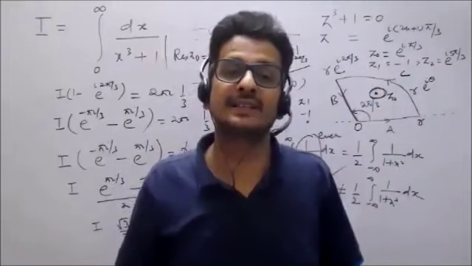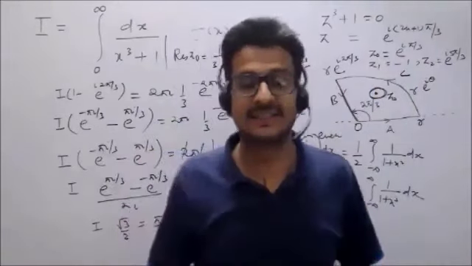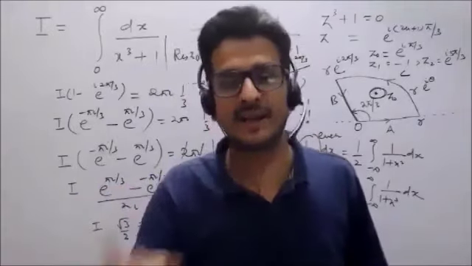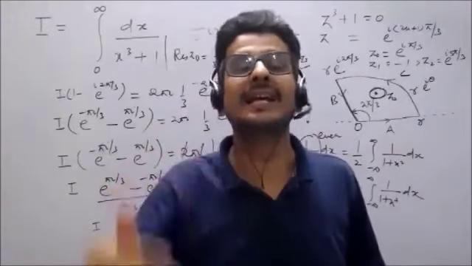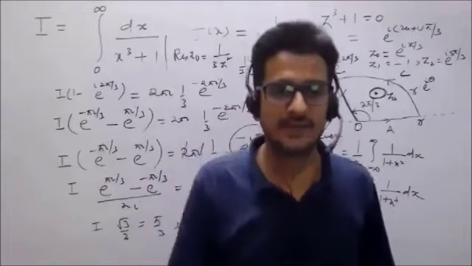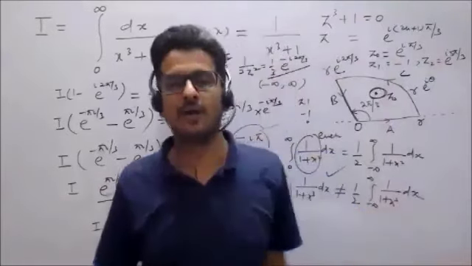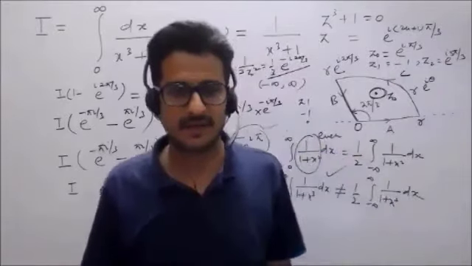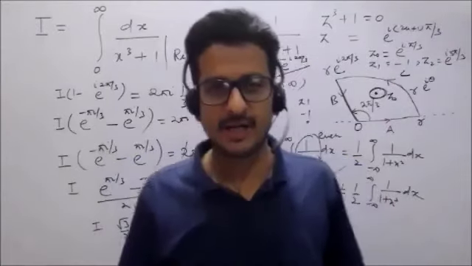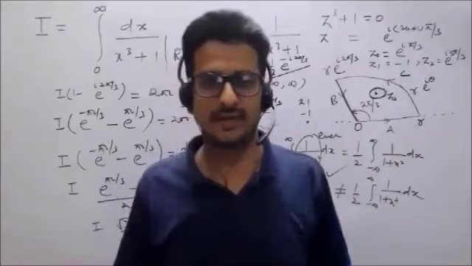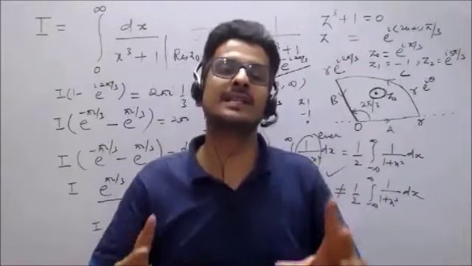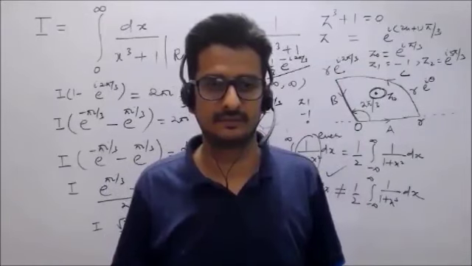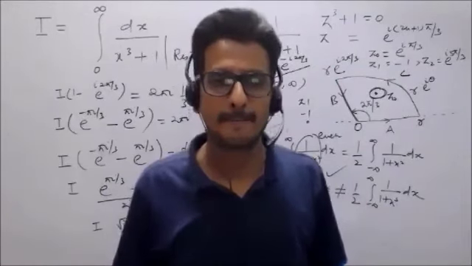We substituted a unit circle, z equal to e to the power I theta. What was the radius there? 1. That was like a substitution, and you solved all the questions. Then the case was minus infinity to plus infinity. Then the case was branch point. Then the case was 0 to infinity. So take all these cases separately. Don't mix them.